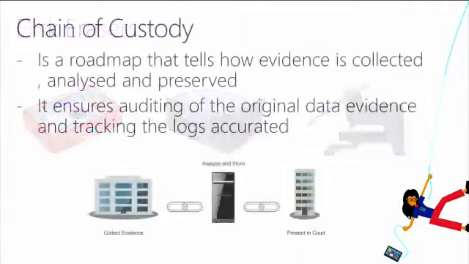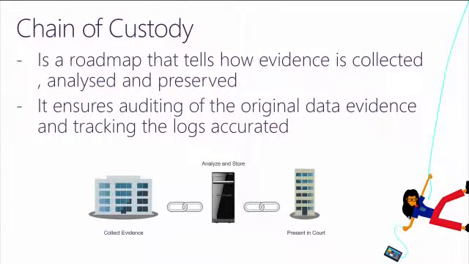For this, we have to understand what chain of custody is. Chain of custody is a roadmap that tells how evidence is collected, analyzed, and preserved. It ensures auditing of the original data evidence and that tracking the logs is accurate.